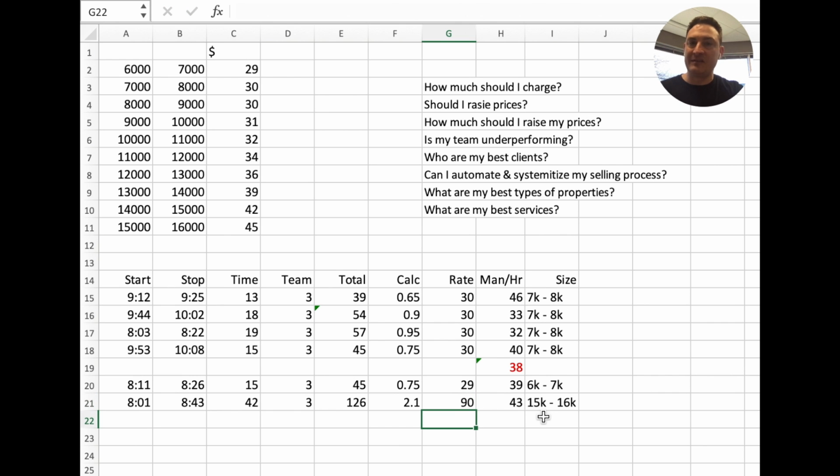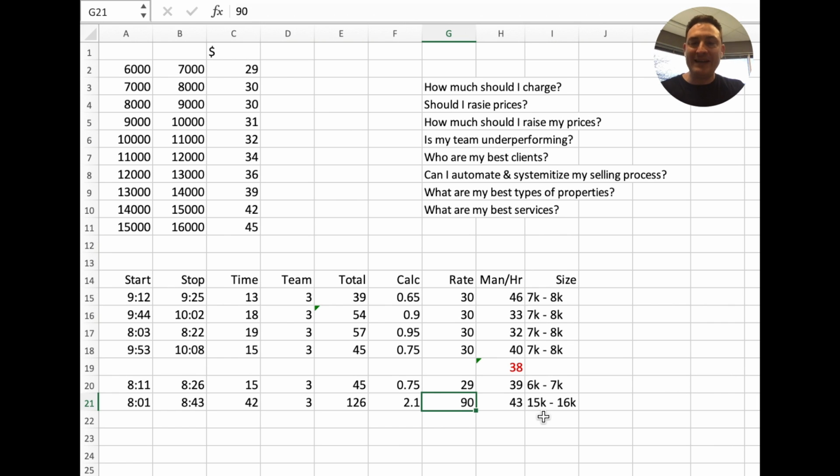Again, this is just for the sake of an example, but if a job like this is going to take us 126 man minutes, basically 2.1 hours of total on-site time, so I've got 3 individuals on the property for 42 minutes each. 42 minutes times 3, we're there for just over 2 hours. If I want to make $43 a man hour, then I've got to be charging $90 to do this job. That's the only way I can make this profitable.